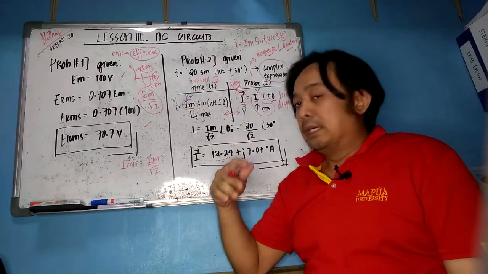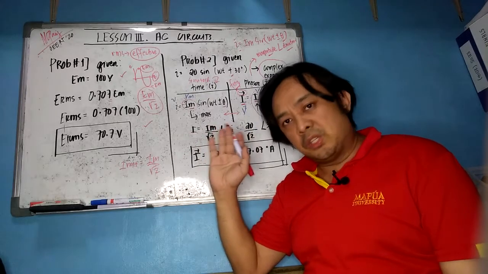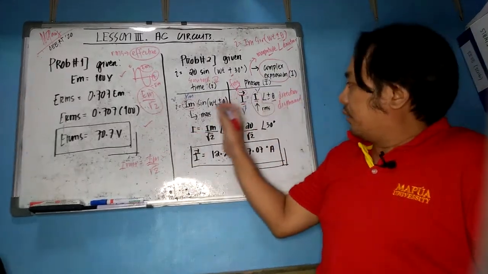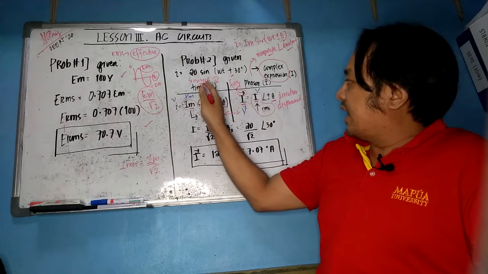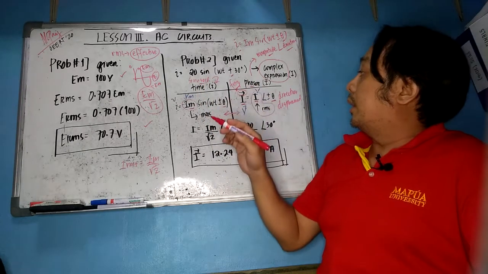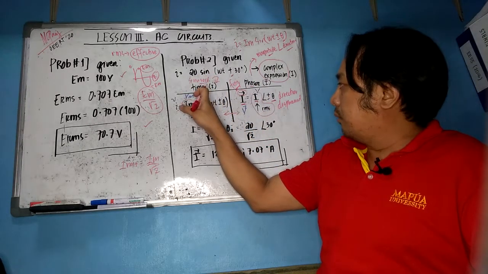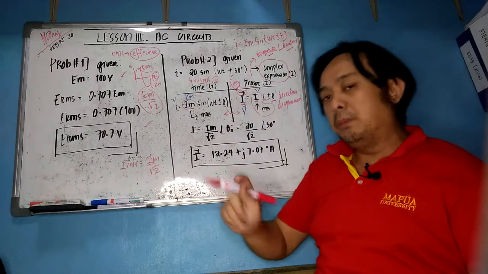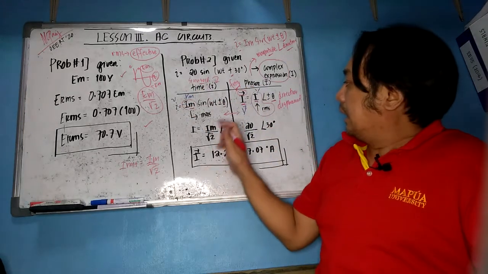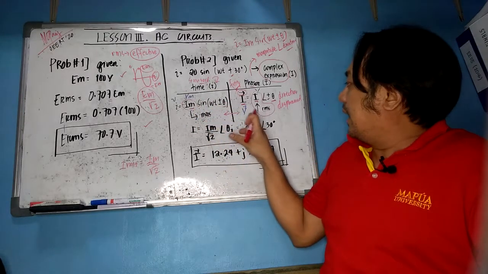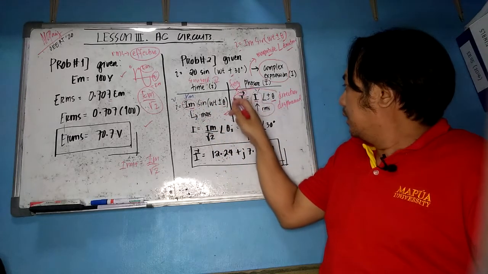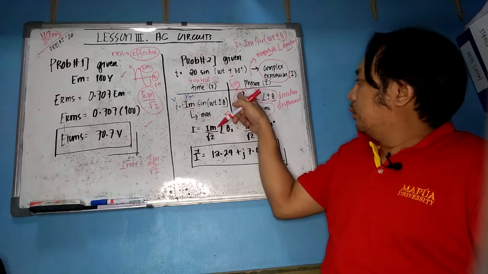But anyway, just as a recall, this is just a refresher course that you can convert either way, sinusoid and phasor. Sinusoid, time domain; phasor, frequency domain. Always remember that.